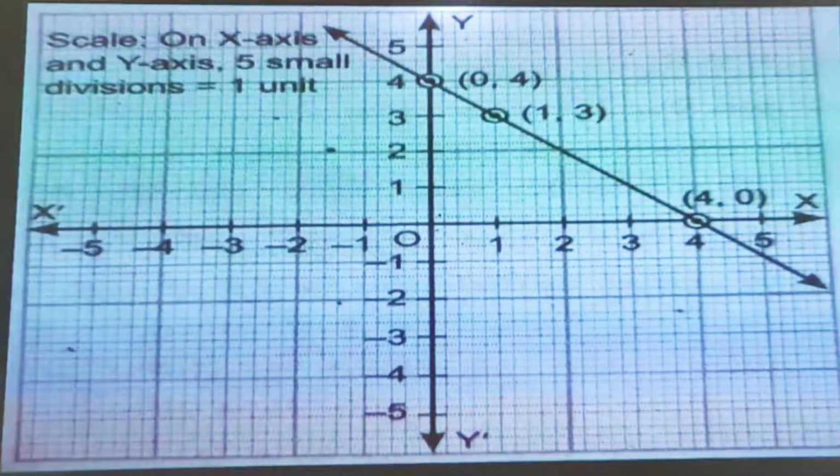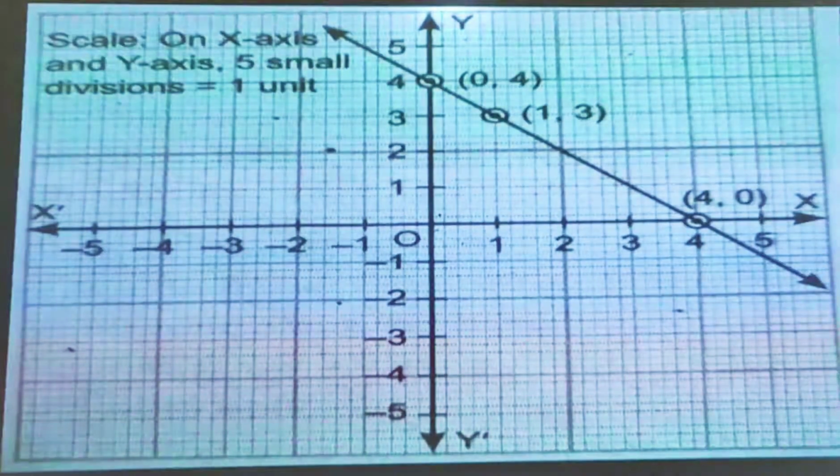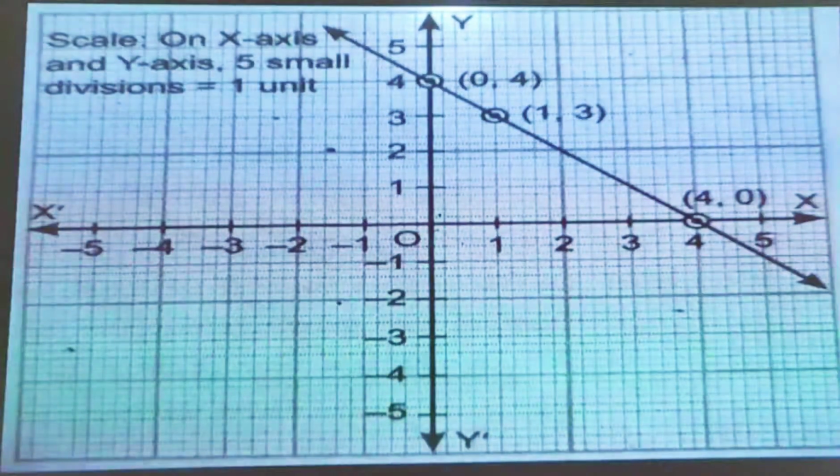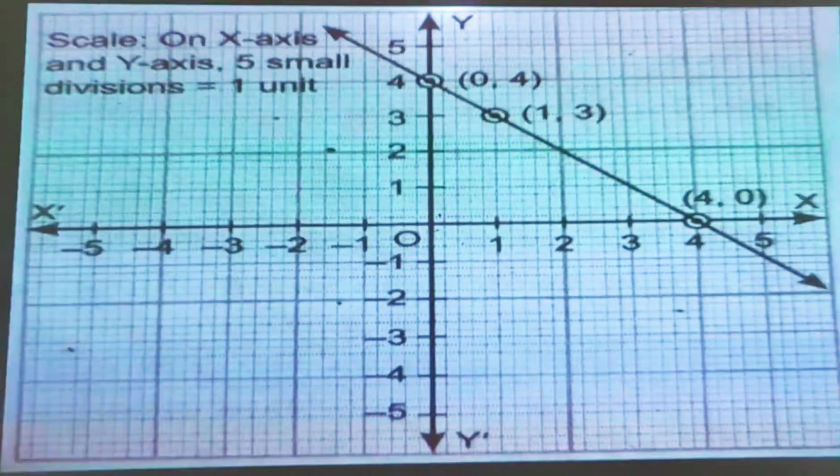We have to mention that, and after this we start plotting the points. The points we plot are nothing but the solutions we have already found on the previous page. So let's now plot the points. First, when the x value is 0, the y value is 4.